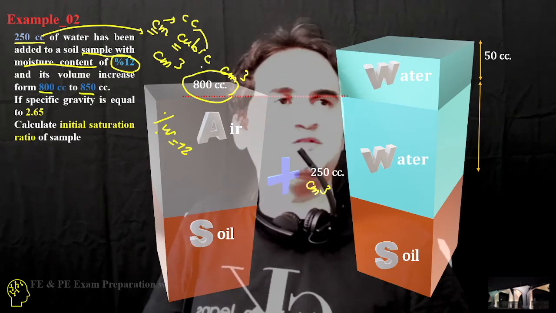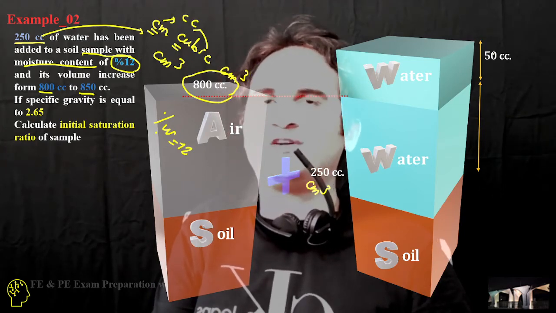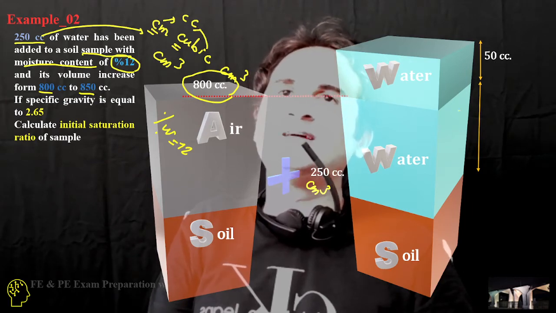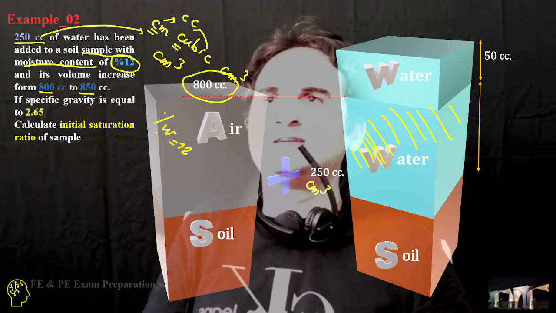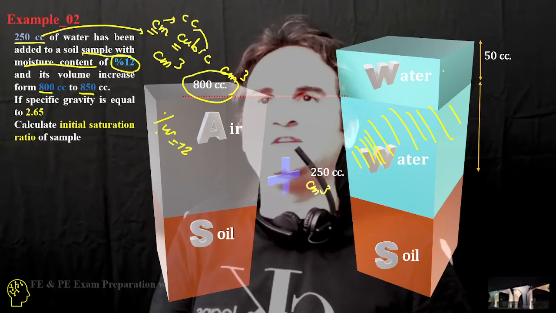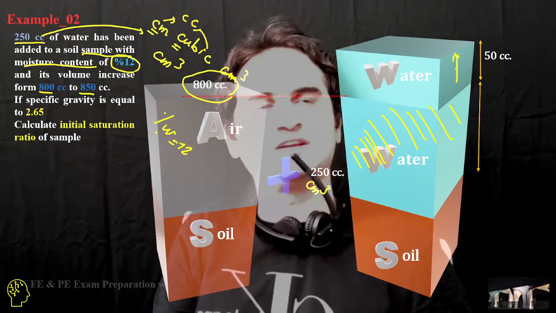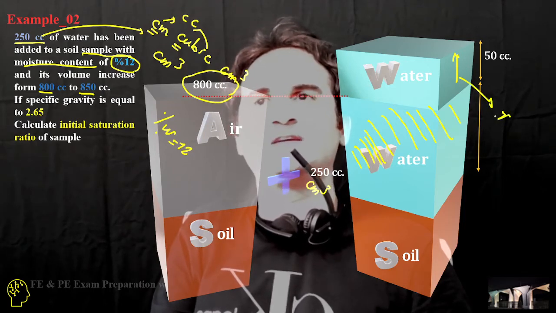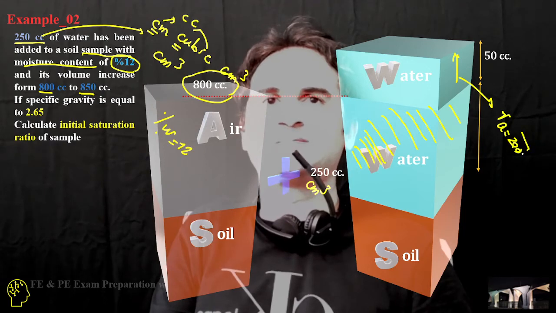Like the previous problem, first it just needs to fill the voids. Of that 250, just 50 has induced a rise, so we're left with a volume of air of 200.